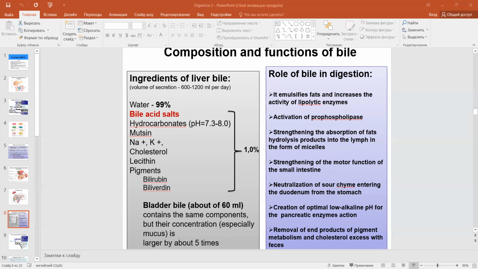Fat globules, no matter their size, are made up primarily of undigested triglyceride molecules. To digest fat, lipase must come into direct contact with the triglyceride molecule.